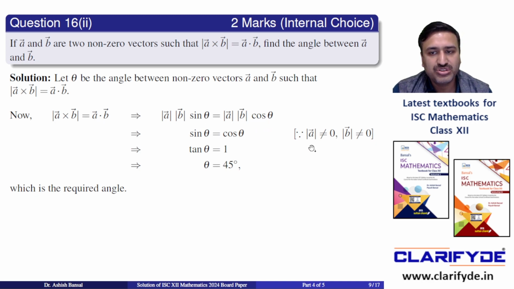Since A and B are non-zero vectors, their moduli are also non-zero numbers, so they can be cancelled. So we get sine theta equal to cos theta. This implies tan theta equal to 1, which implies theta equal to 45 degrees, which is the required angle.